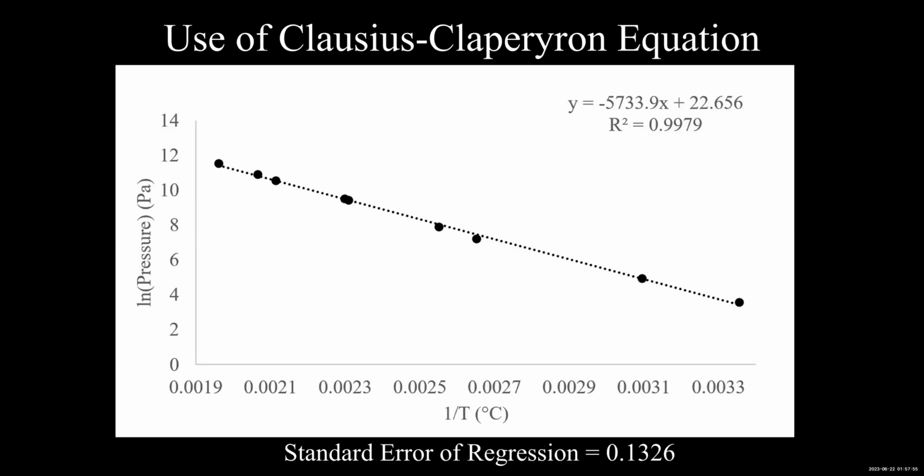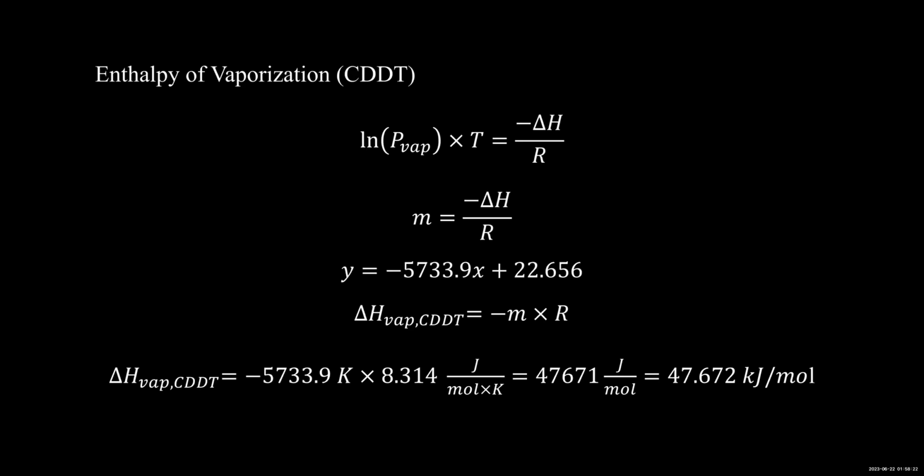And then the Clausius-Clapeyron equation was used in order to find the enthalpy of vaporization for CDDT. So the inverse temperature was plotted against the natural log of the pressure, and a linear trend line was fit to these data points, yielding the equation and R-squared value on the screen. And then further data analysis was completed to find the standard error of regression.